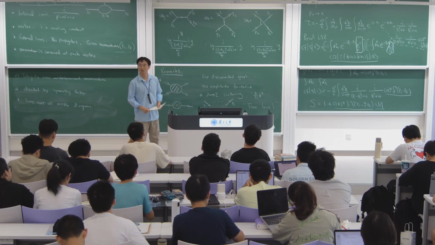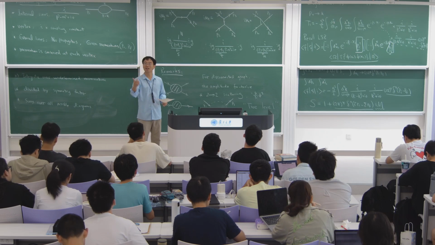Square means the Lorentz indices are contracted over.